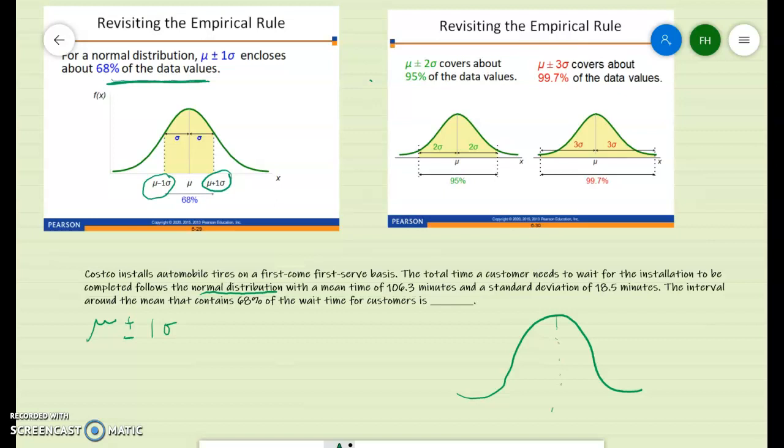So our mean is 106.3, and we're going to find out the interval for our 68% of our customers.